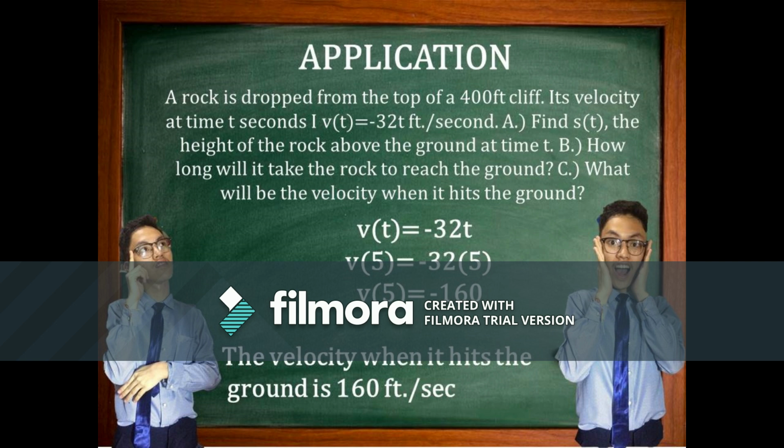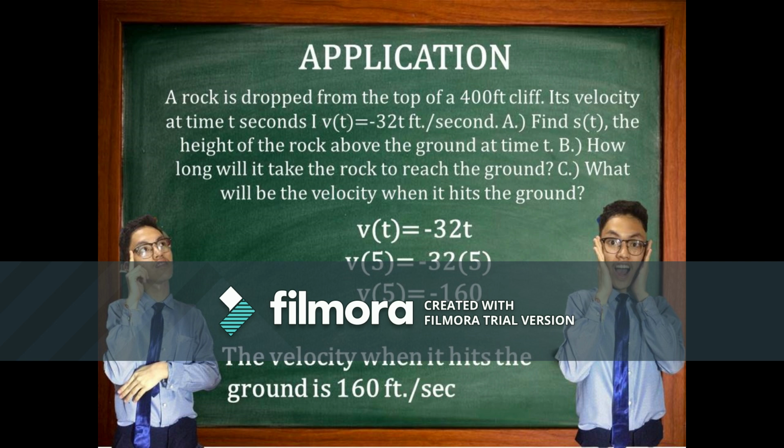And for the last question, we already found the time when it hits the ground in part B. In order to find the velocity, all we need to do is plug the t is equal to 5 that we found into the equation for velocity. Let's go back to our velocity function, which is v of t is equal to negative 32t. Let us substitute 5 for t.